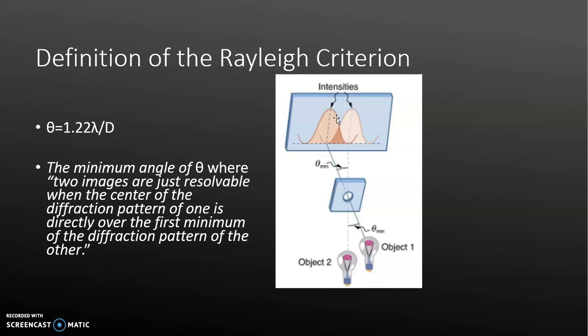And then this other diffraction pattern's minimum is right over the center of the other. So in this case, this theta would be the minimum angle required to meet the Rayleigh Criterion, which, if it is met, we are able to discern that these are two separate objects. We are able to resolve that.